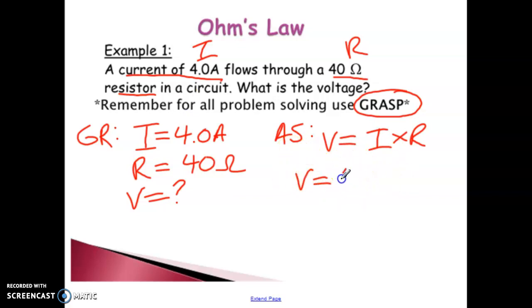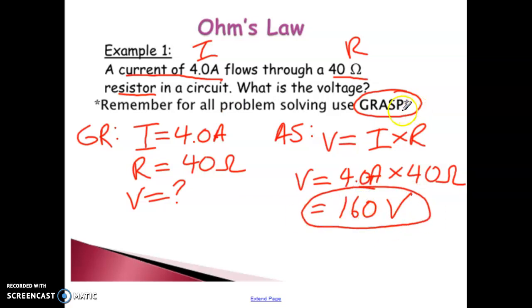So V is equal to 4.0 amps times 40 ohms. You will need a calculator, even for next week. For the rest of this electricity unit, we will be doing calculations. So 4.0 times 40, we have 160 volts.